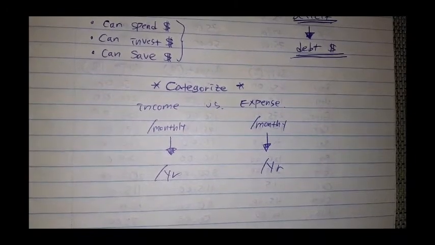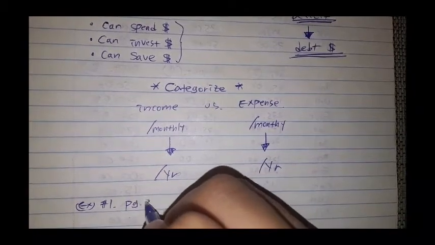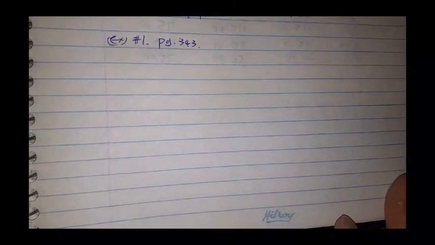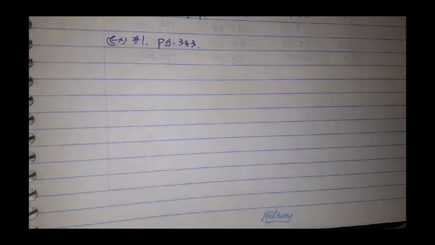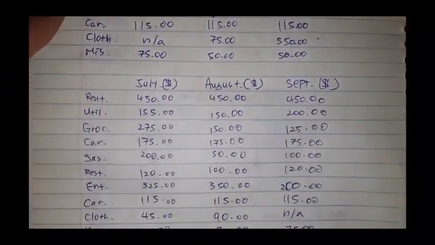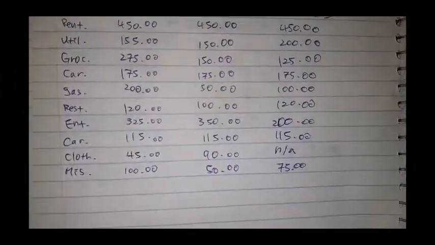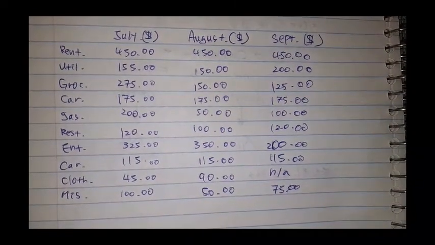So what I'm going to do now is go through example number 1 on page 343. At this point, feel free to pause this video. I know it's tedious, but I want you to copy the table that is on page 343 onto a blank piece of paper, like what I did, because this process is significant for your budget calculation and long-term budget planning.